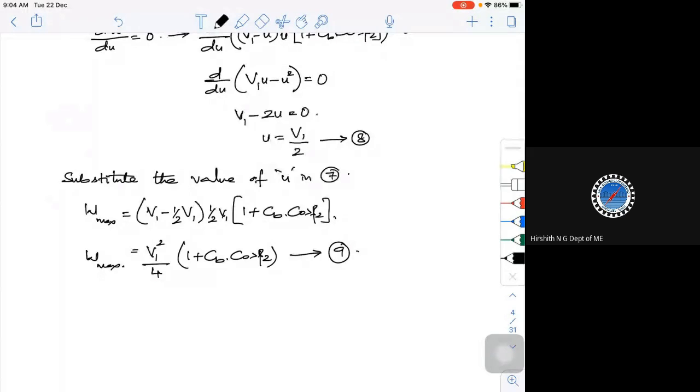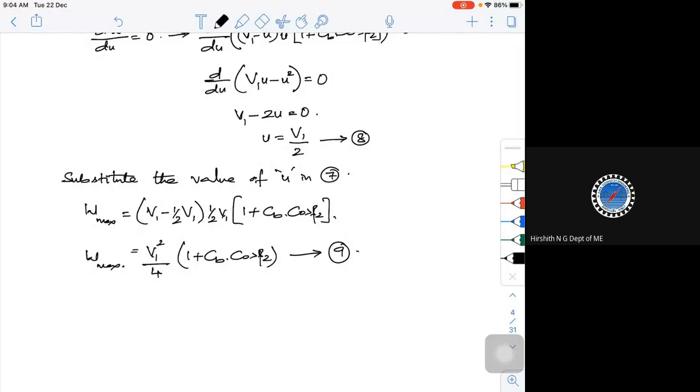Beta 2 can be any number from 0 to 180, so it can be 0 to 90 or 90 to 180. And for the CB value, if there is no friction at all, then VR1 and VR2 are both same. So in that case, CB is equal to 1, and W max will be V1 square by 4 into 1 plus cos beta 2.